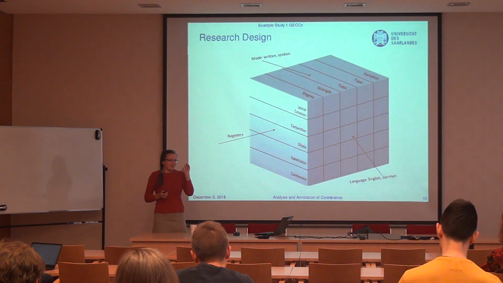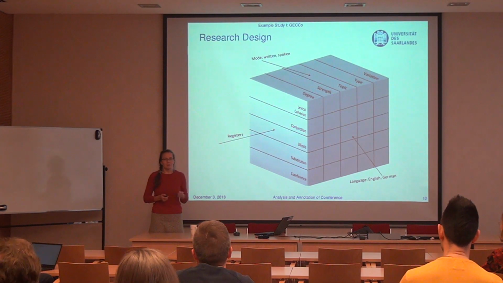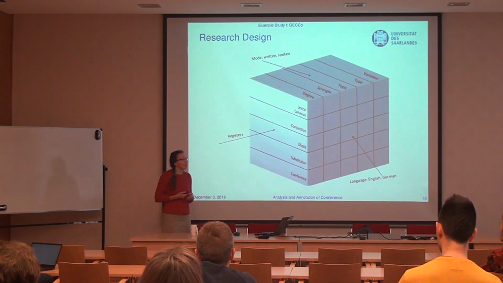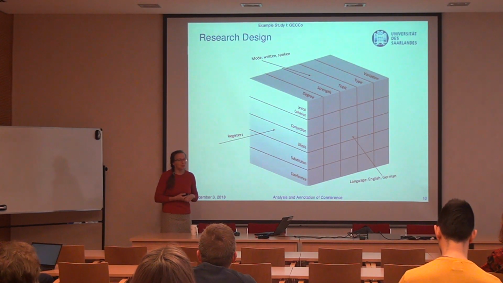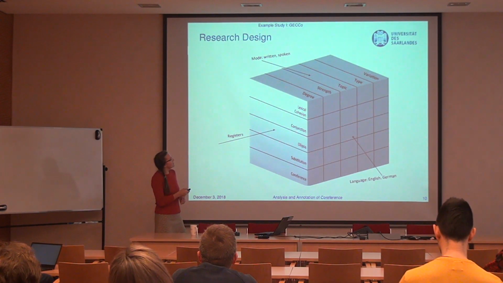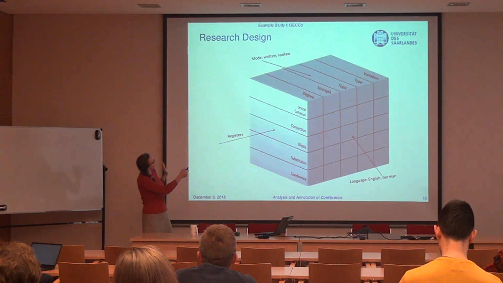And as the project was 5 years, we still have leftovers, and are still working on some articles. We are writing a book about cohesion in English and German. We haven't finished it yet, and my colleagues came with an idea to represent the whole work with this kind of cube representing the research design.